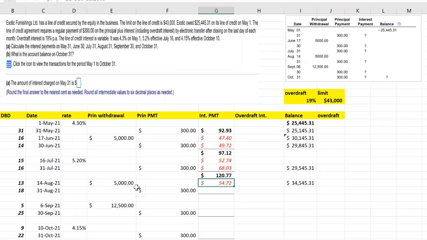We're now at the end of the month, August 31st. Statement date, 18 days later. We know we have to pay $300 plus interest on the new balance equals. The new balance is there because we borrowed an extra $5,000 times the interest rate, still the 5.2%, times 18 days out of 365.